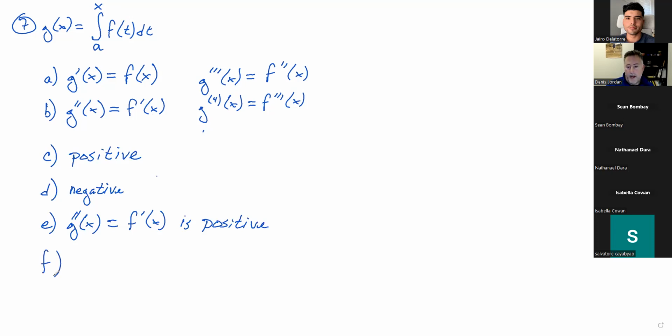So then for part F, G is concave down when its second derivative is negative. I had a hard time with these in chapter 4. Yeah, not gonna lie, real hard time.